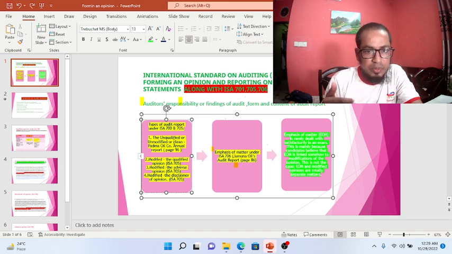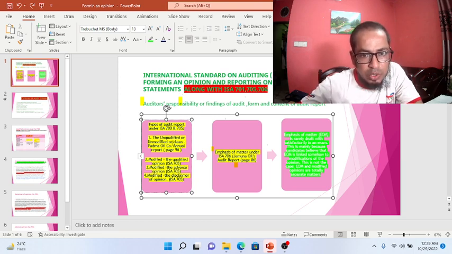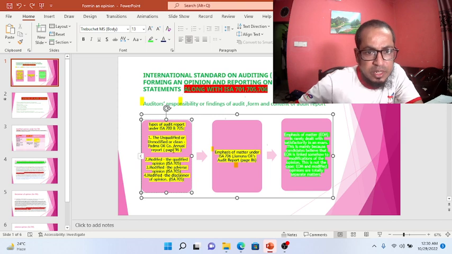If a student or partner or manager wants to form an opinion or give his opinion to his seniors, partners, this kind of audit report classification should be well judged and known by the auditor or auditor's representative.